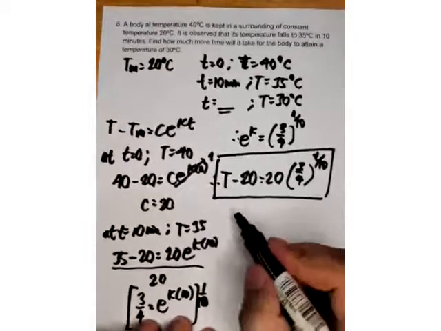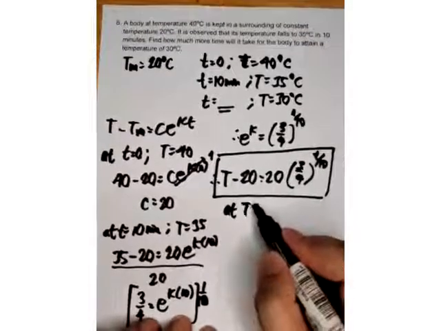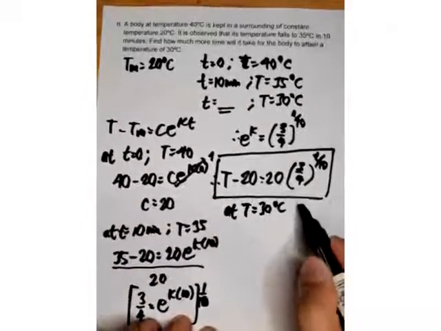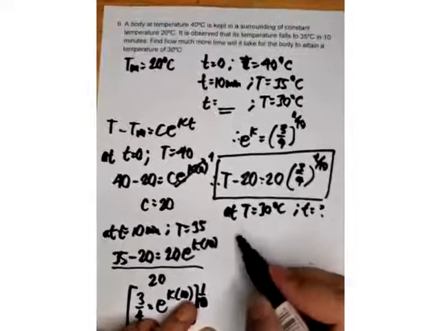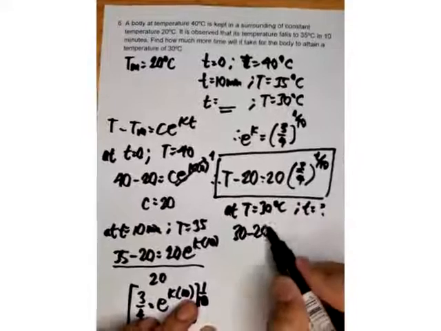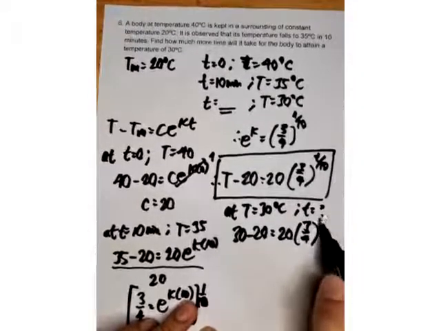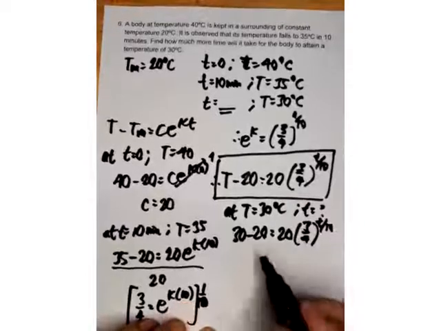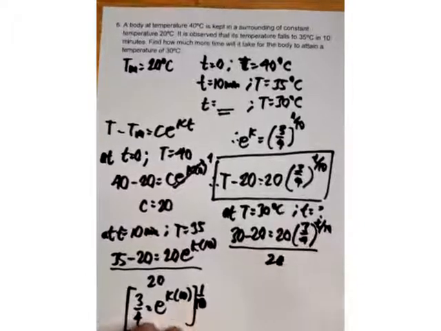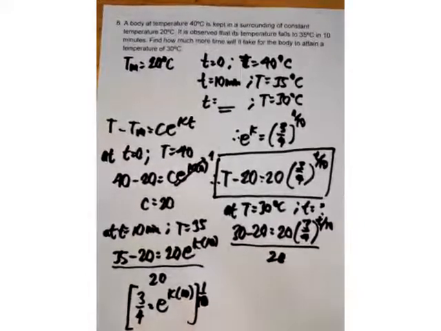Okay, so let's apply the given. At T equal to 30 degrees Celsius, what's the time it takes? So that's 30 minus 20 is equal to 20 times 3/4 raised to t over 10. Divide natin ng 20. So we'll only have 30 minus 20 divided by 20, which is 1/2.